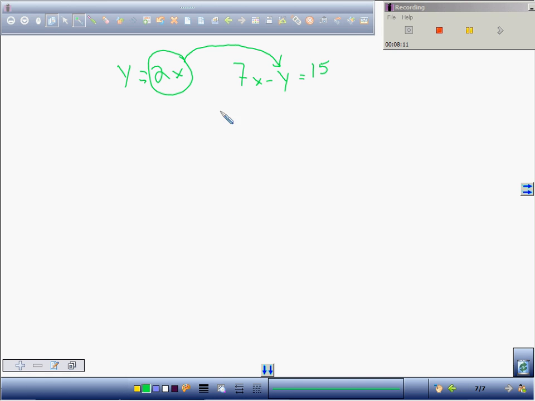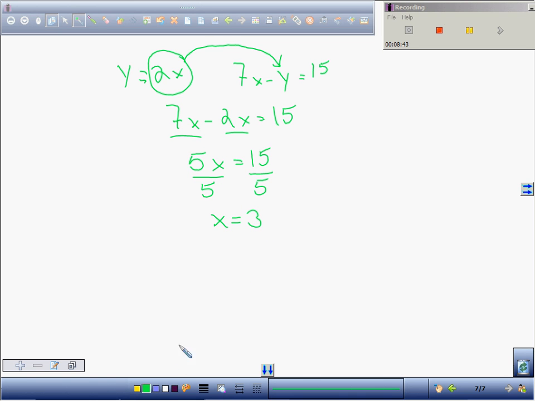Okay? So now what I have is 7x minus 2x equals 15. What's 7x minus 2x? How many x's do I have altogether? 5 x's, right? 5x equals 15. Divide by 5. I got x equals 3.